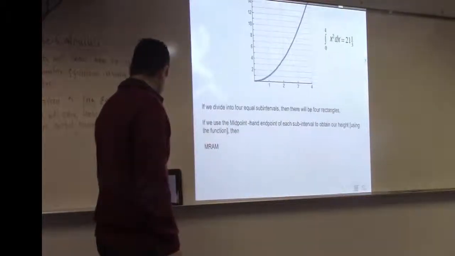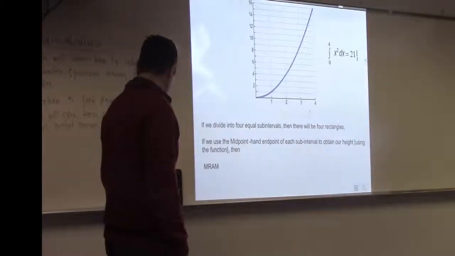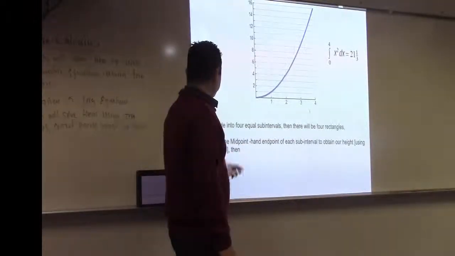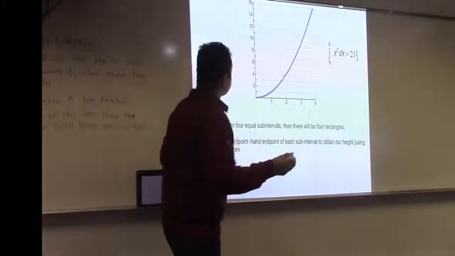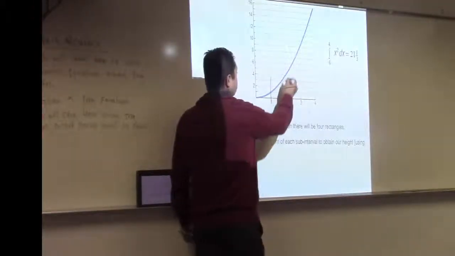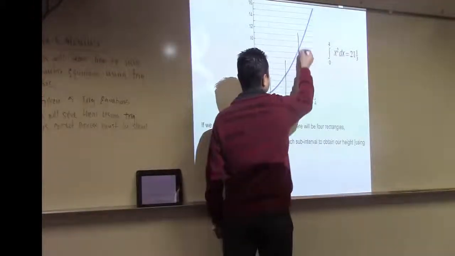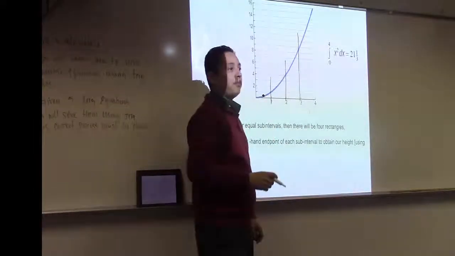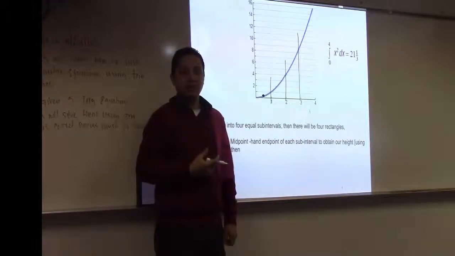So we're still going to cut this into 4 equal subintervals, but using the midpoint. All right, so same process. Midpoint. So now I'm not putting the dot exactly on the line that I just drew.